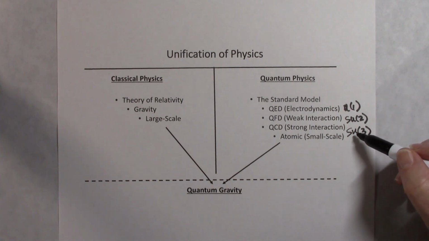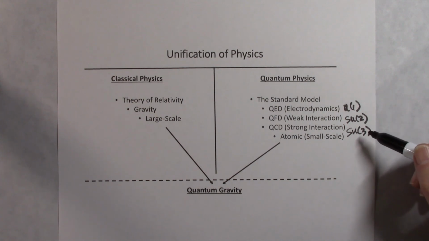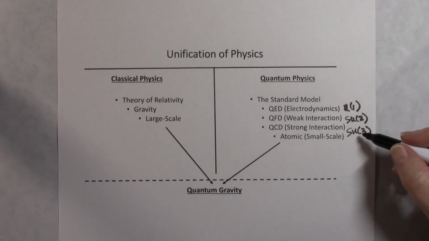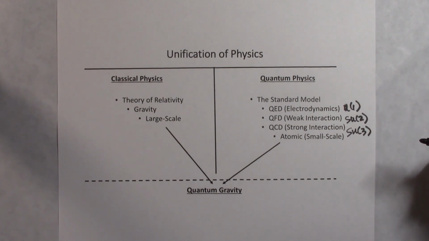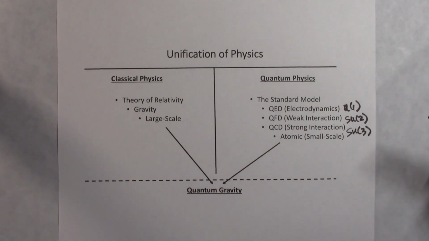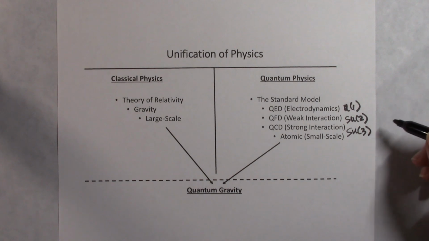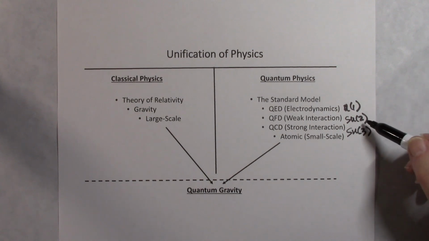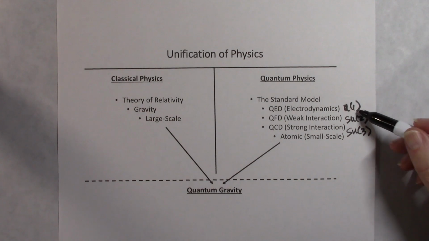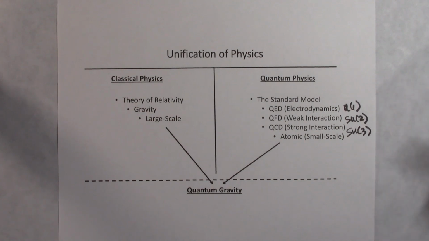Also, the gluons can transmute into other gluons, so they participate in the strong interaction. But none of the other bosons, the W and Z bosons or the photon, can create other photons or other W and Z bosons. They don't transmute, but the gluons do. The mediating particle for the strong interaction transmutes into other mediating particles, and that doesn't happen in either of these two interactions.